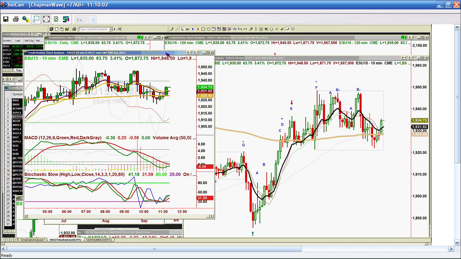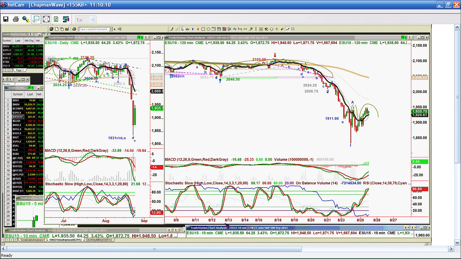But in terms of the testing from yesterday into the gap this morning, do you realize that the E-minis are up 64 points? That is incredible. When I looked at the chart of the 10-minute E-mini this morning, I said, oh, okay, nice rally.